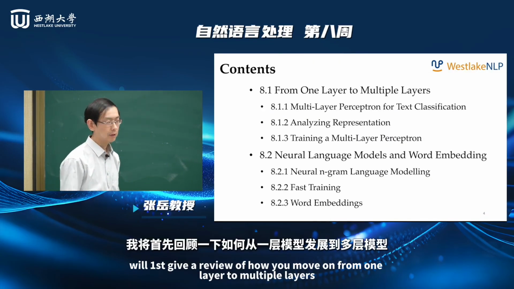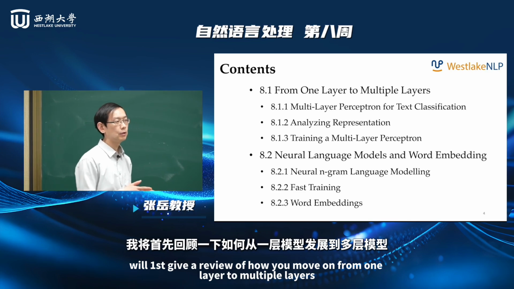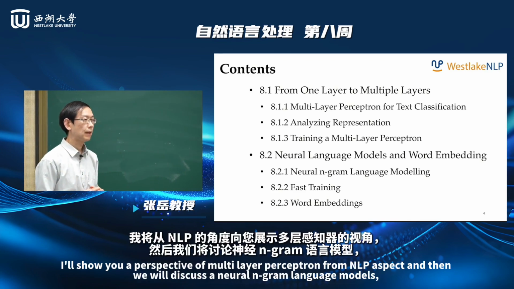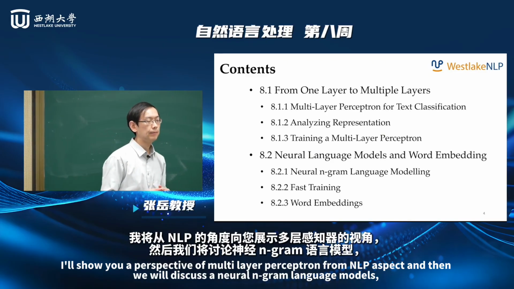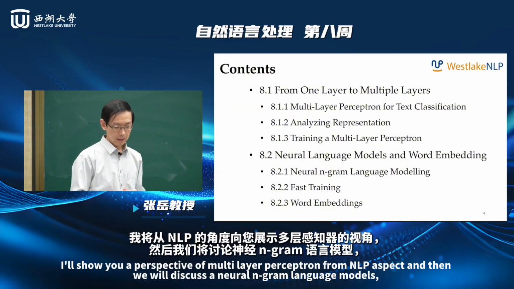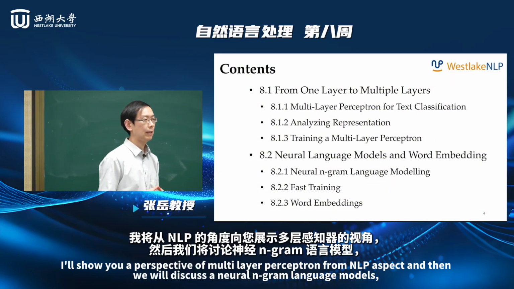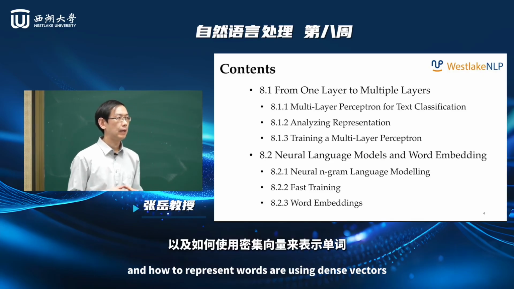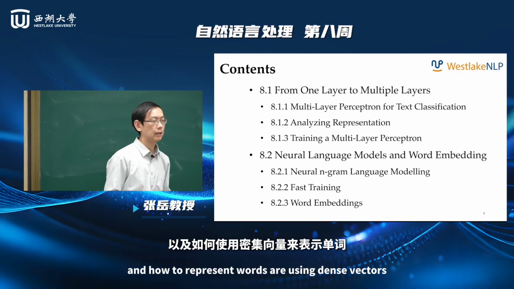So we'll first give a review of how you move on from one layer to multiple layers. I'll show you a perspective of multi-layer perceptron from NLP aspect. And then we will discuss neural n-gram language models and how to represent words using dense vectors.